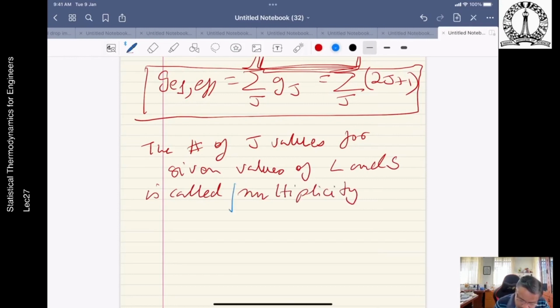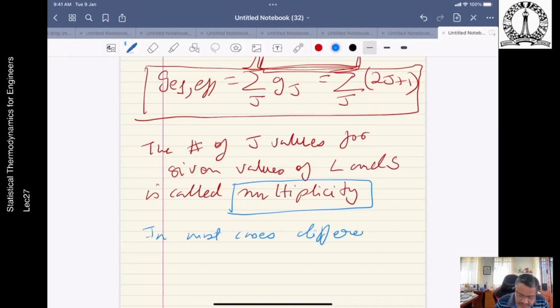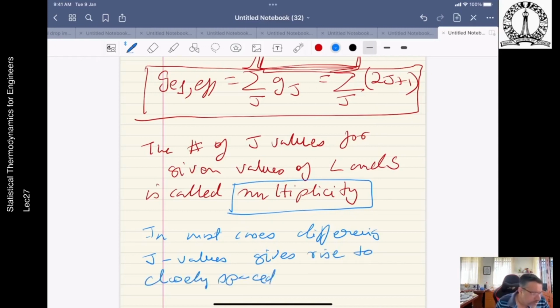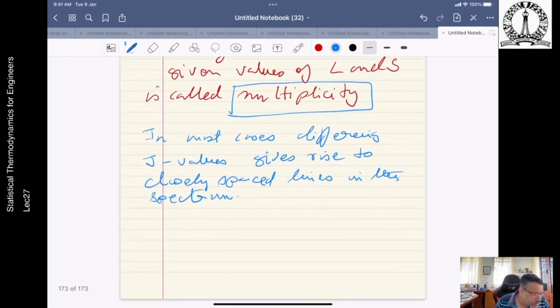In most cases, differing J values give rise to closely spaced lines in the spectrum, which is something that you saw in the figure.